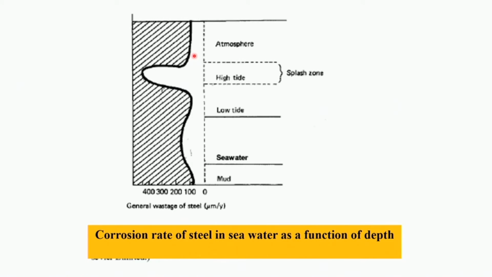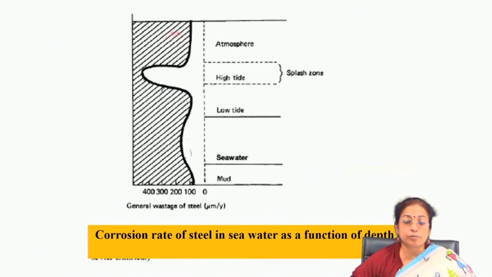For example, this is the case for uniform corrosion of steel in seawater as a function of depth. You will find that near the environment the attack is more or less uniform, but as you go down you will find that in the high tide region the attack rate is much higher than that of the low tide region, and then there is the mud region. This is the case for the corrosion rate of atmospheric corrosion as compared to that inside the sea water.